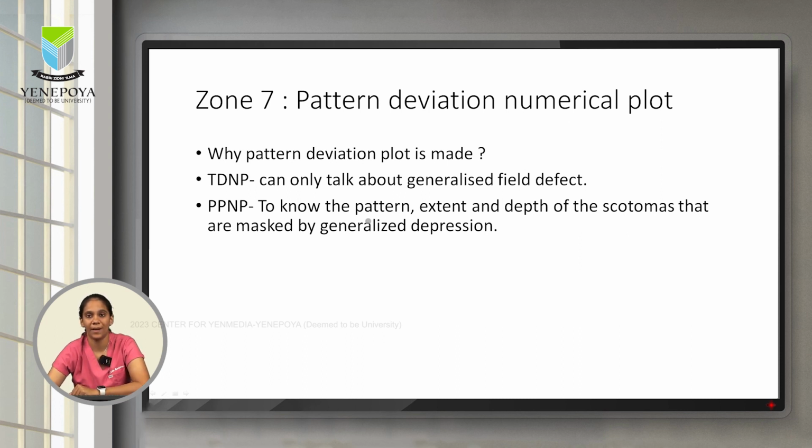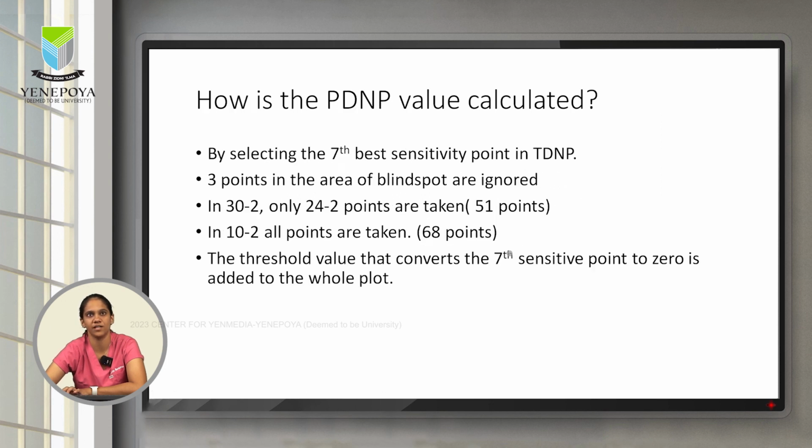So to know the pattern, extent and the depth of your scotomas, you have to do a pattern deviation numerical plot. Whatever is masked by your cataract, underneath the cataract is their glaucoma. That is what you will know by doing your pattern deviation numerical plot.